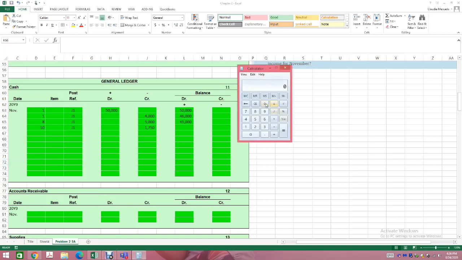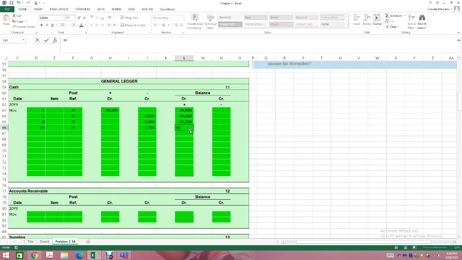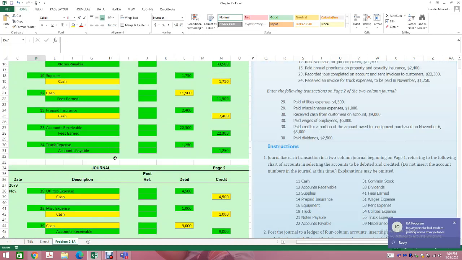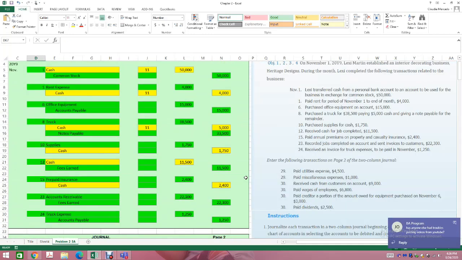So I've got $41,000 minus $17.50. That's going to give me $39,250, and that continues to be a debit balance. So we go back and enter the account number right here, account number 11.